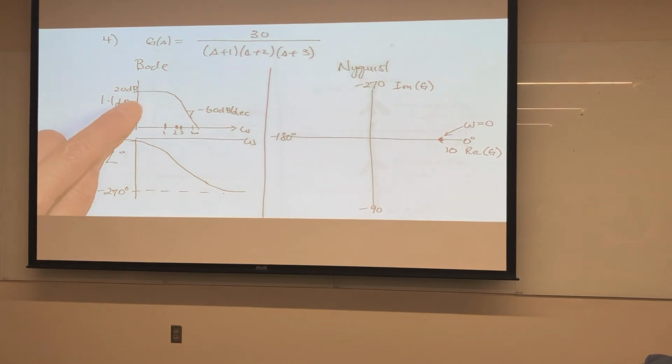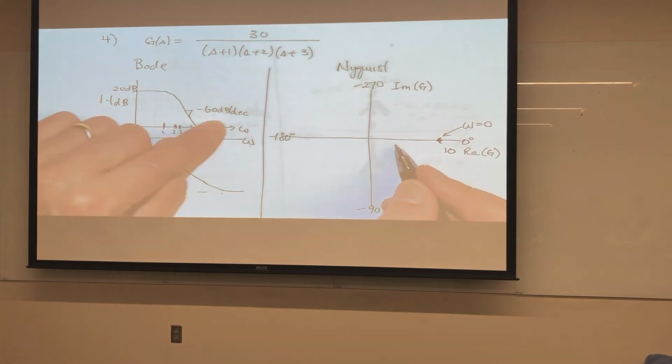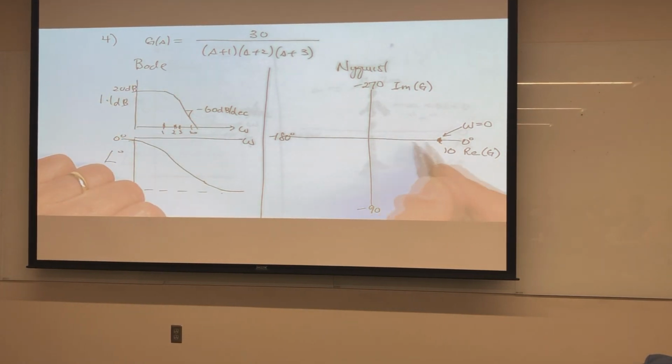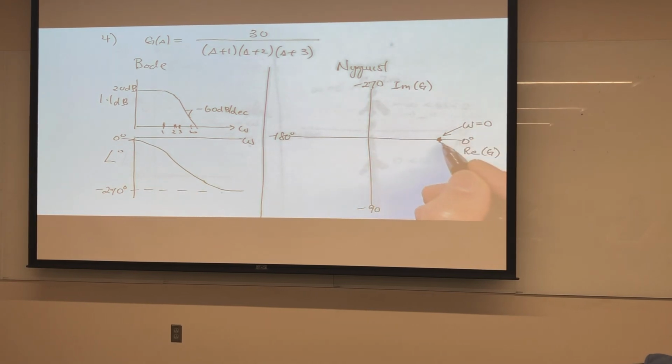What I see as omega increases is that the magnitude gets smaller and smaller. I need to get closer to the origin in the Nyquist plot. As frequency increases, the magnitude decreases, so my pen needs to get closer to the origin. But I need to approach the origin from the direction of minus 270. So this is what it looks like.